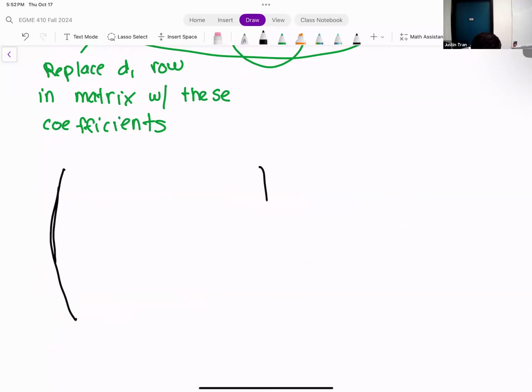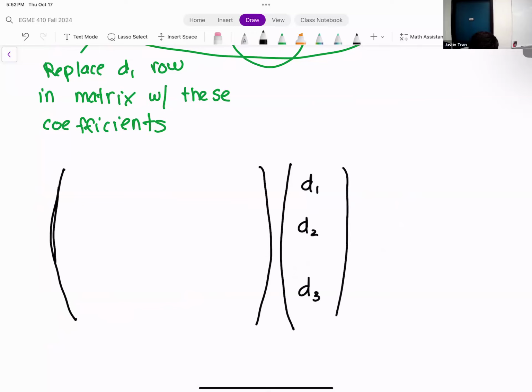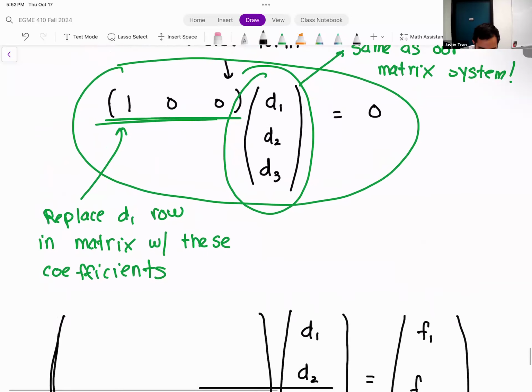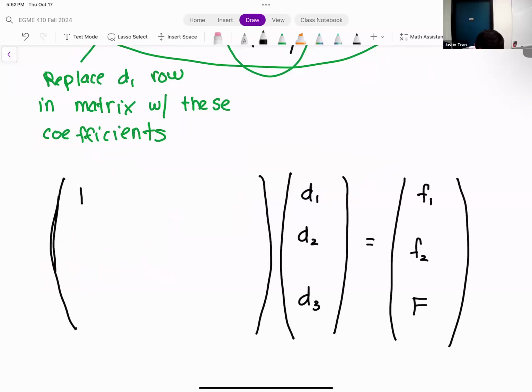We have a matrix set of equations right here, our vector D1, D2, D3. Our right-hand side vector here is little f1, little f2, and we've already applied the load type boundary condition. On the bottom there, instead of little f3, we have our tensile force F. And if we replace that first row, the D1 row, with those coefficients, we're going to have 1, 0, 0.